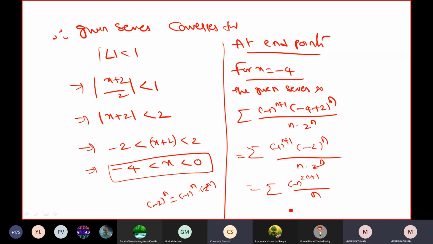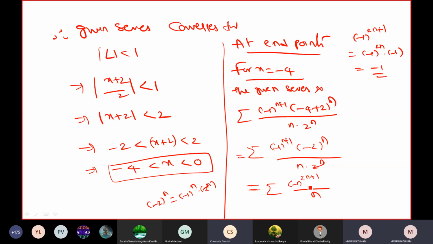So is this an alternate series, right? Minus 1 whole power 2n plus 1 can also be written as 2n into minus 1, so it becomes minus 1 by n, which becomes divergent. If n equal to 1 we get 3, if 2 we get 5.